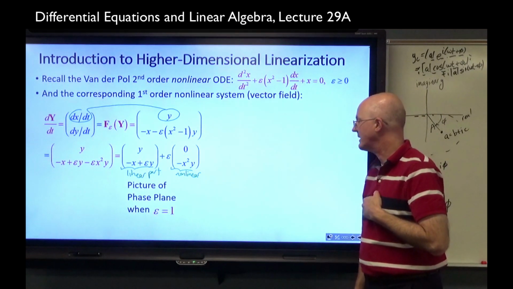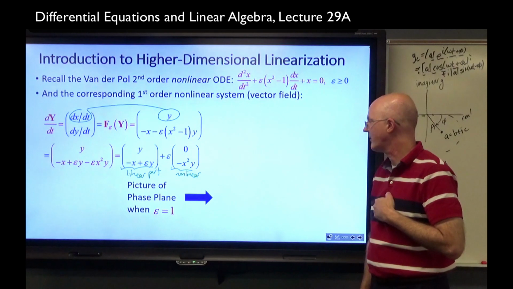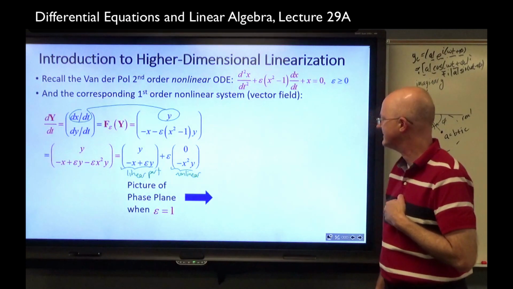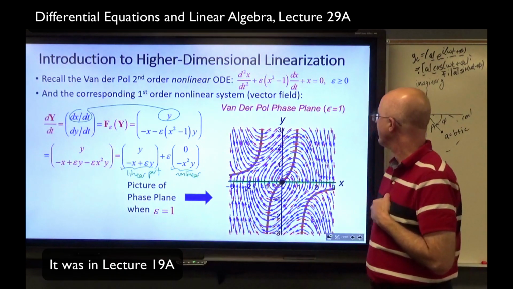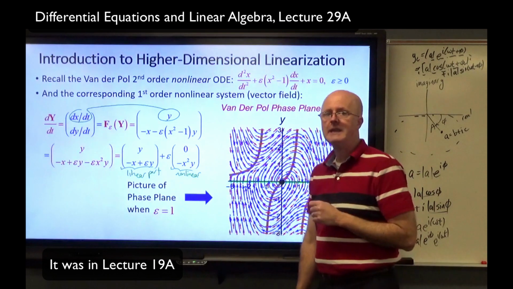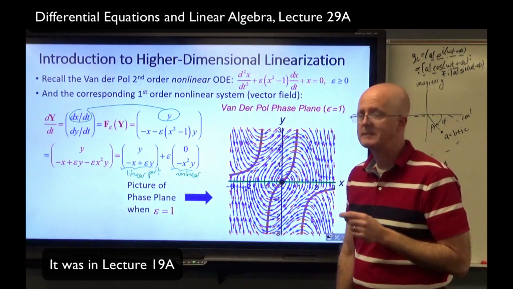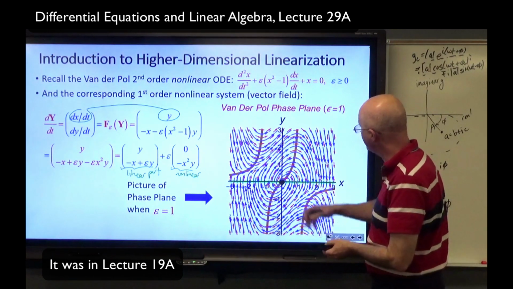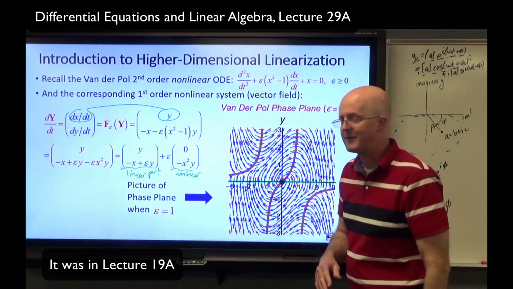Here's a picture of the phase plane when epsilon equals 1. We looked at this picture before, back, I don't know, lecture 10 to 15 lectures ago. This one right here is the van der Pol phase plane. We were talking about using Euler's method to help us approximate solutions. We have the null-clines, the brown null-cline. My coloring is different here than what I've done recently.